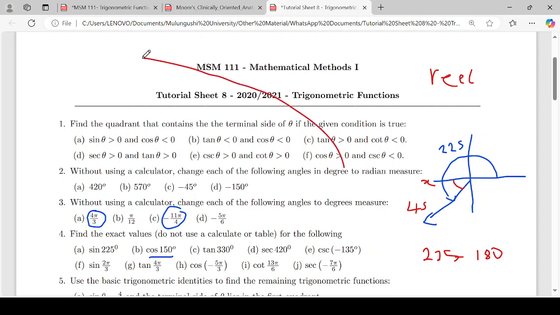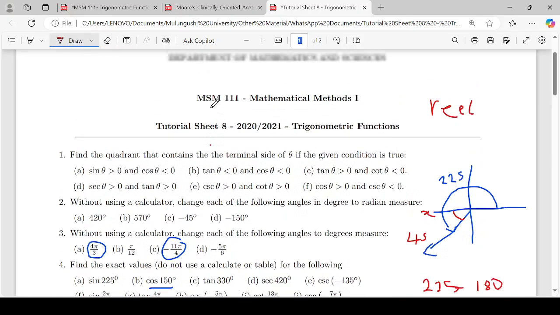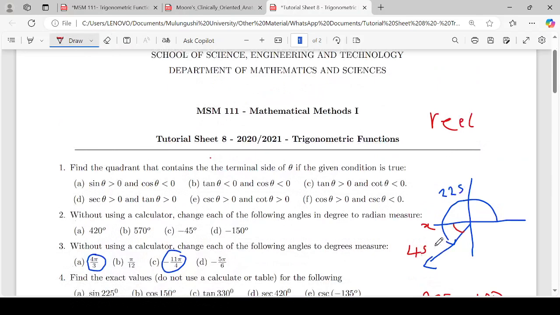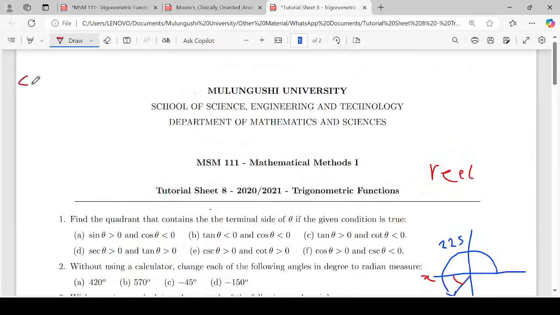So come here, let's use this space. We have our helping angle is 45. We want to answer sine 225. Sine 225 is just the same as writing sine 45 because of the helping angle.